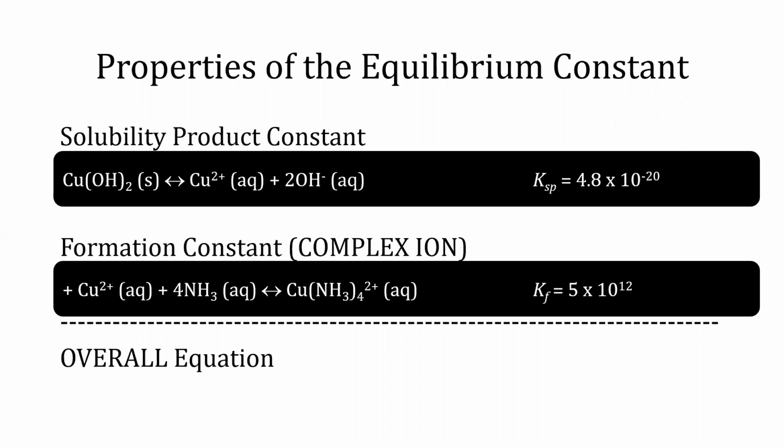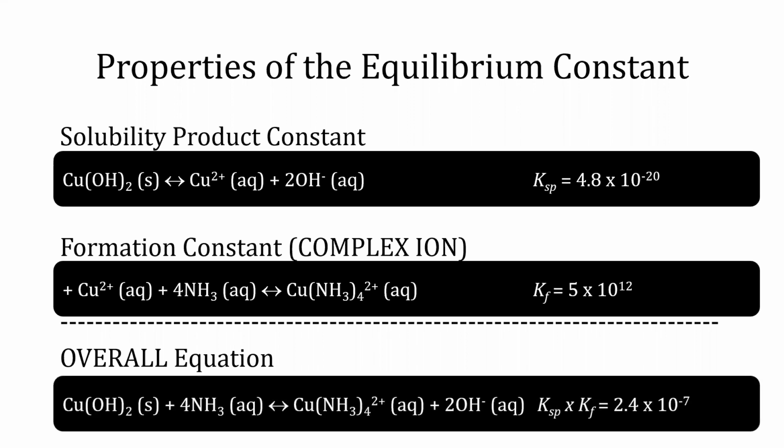Add the overall reactions, and multiply the solubility constant value and the formation constant value to give an overall equilibrium constant value to be used for analysis on the solubility of the insoluble ionic compound with a substance in aqueous solution besides pure water.